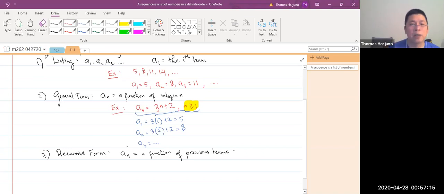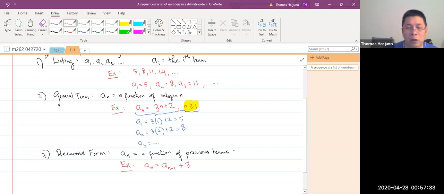For example, a sub n, the current term, is the previous term plus 3.